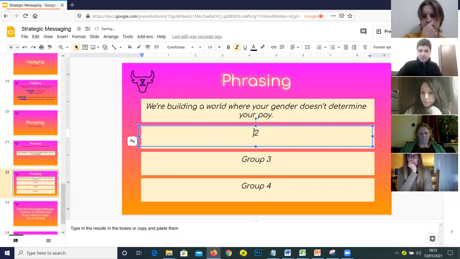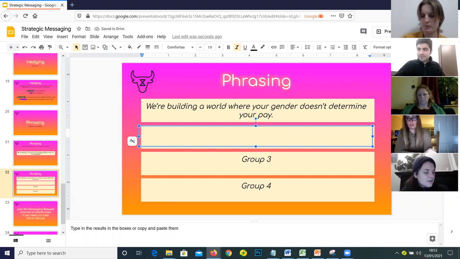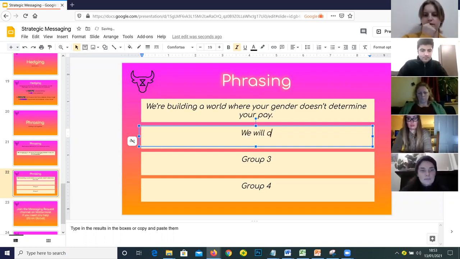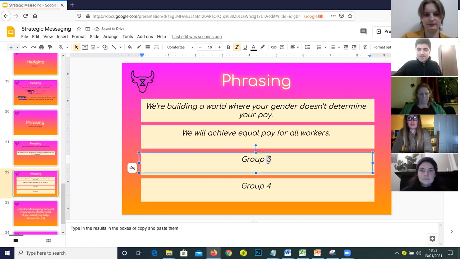Cool. Anyone from group two? We have, we will achieve equal pay for all workers. Awesome, all workers. Group three, anyone? I'm not sure, am I group three?